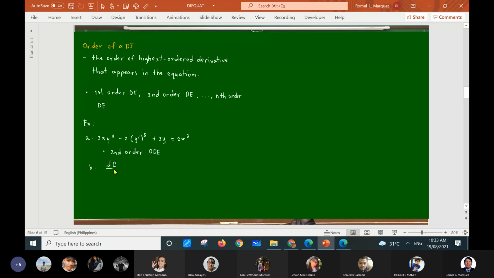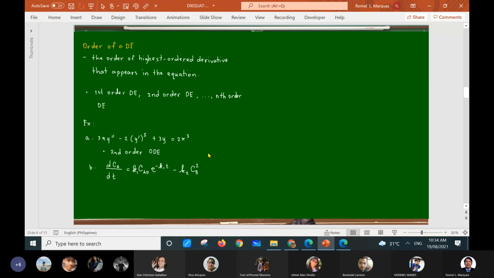The derivative of C sub A with respect to t is equal to k sub 1 times C sub A0 times e to the negative k sub 1 t, minus k sub 2 times C sub B1 t squared.